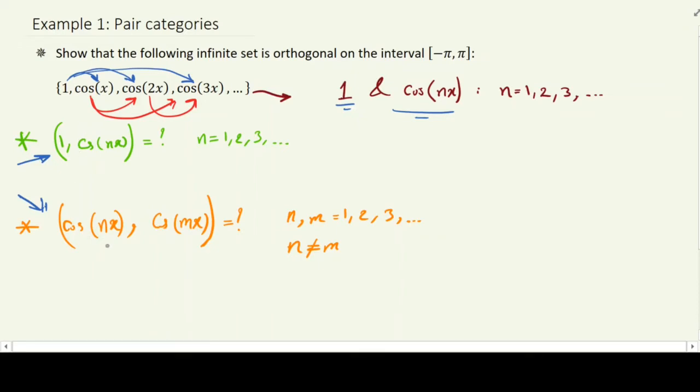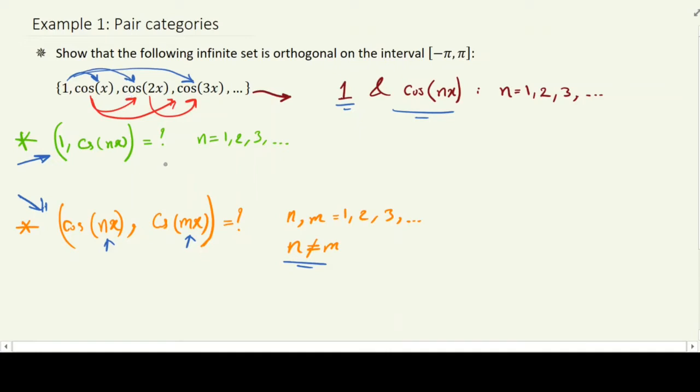So we consider one of the arguments to be nx, the other one to be mx, and n is not the same as m, right? Meaning that one of the functions can be cosine x, the other one cosine 2x. Or one of them can be cosine x, the other one cosine 3x, and so on and so forth. We're not interested in the inner product of a function with itself.